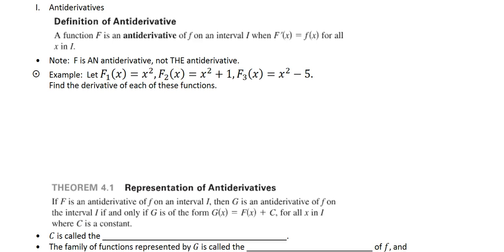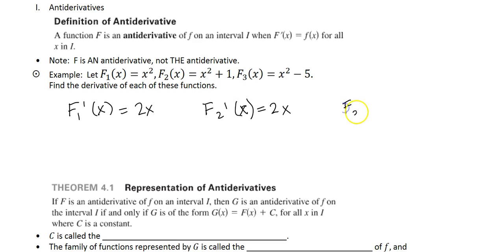So let's talk about why that would be. If you have three functions, f sub 1 is x squared, f sub 2 is x squared plus 1, and f sub 3 is x squared minus 5, if you took the derivative of f sub 1, you're going to get 2x. If you took the derivative of f sub 2, you would get 2x plus 0.